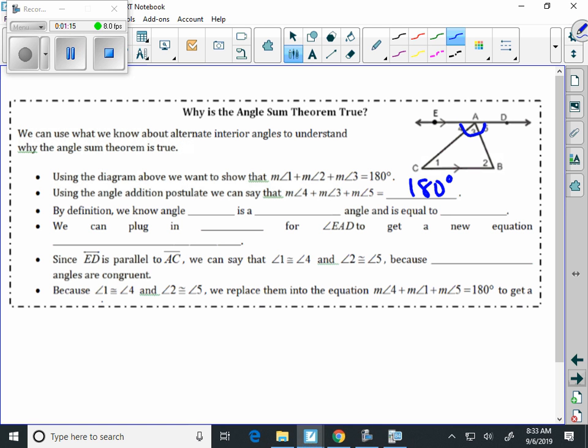The thing is, by definition then, angle EAD is a straight angle, and straight angles, like we just said, equal 180 degrees.